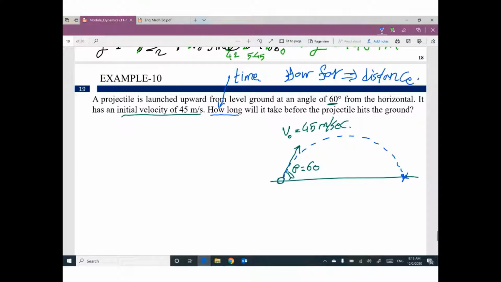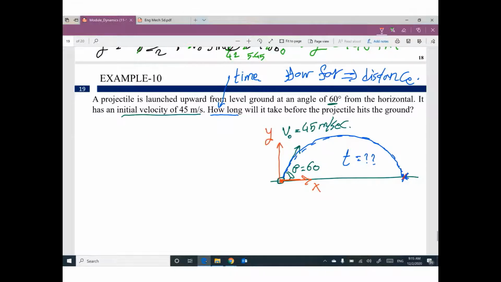So how long will it take before the projectile hits the ground? We need to figure out the time required for this projectile to hit the ground. So what is the time t? So at the point where the projectile started, we can assume x and we can assume y.